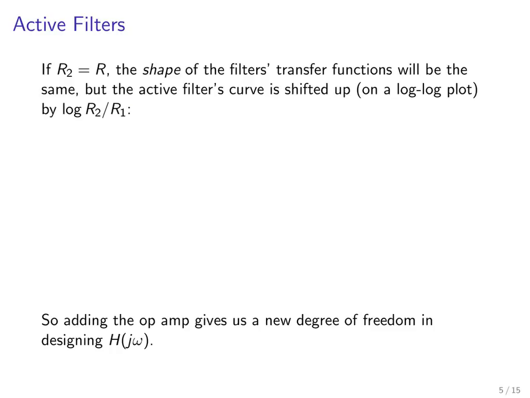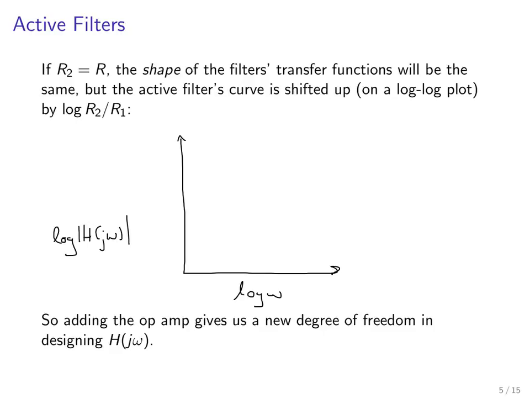So if we actually plot a comparison of these two, then we would get this kind of plot. So here's log omega, and here's log magnitude H of j omega. The passive filter is going to intersect 0, and I'll draw its transfer function in this dotted line.